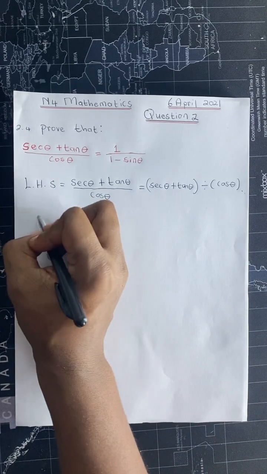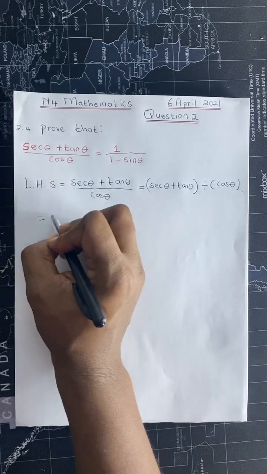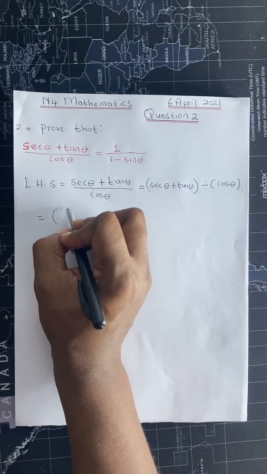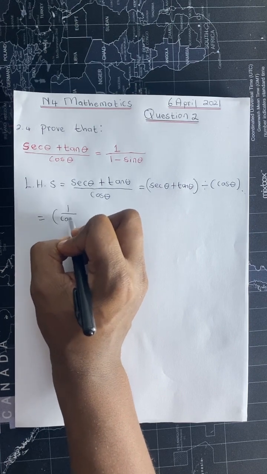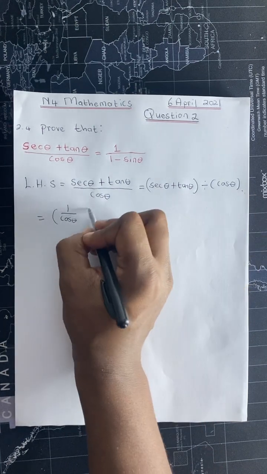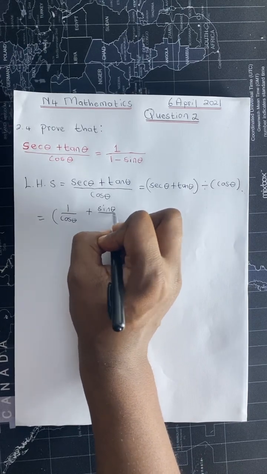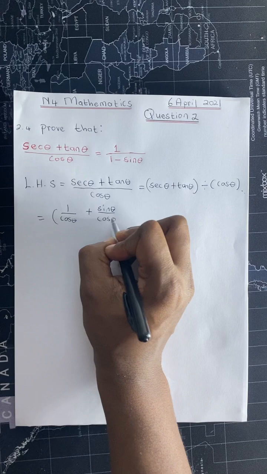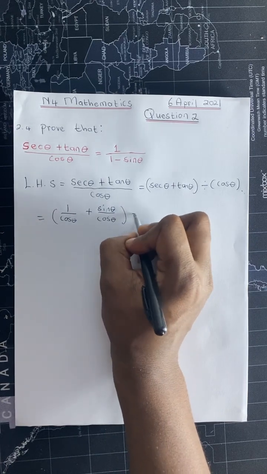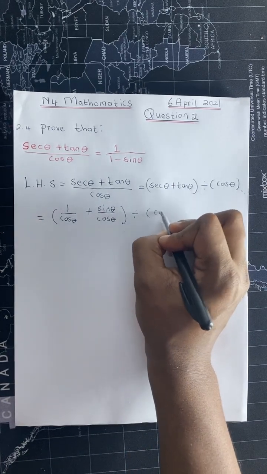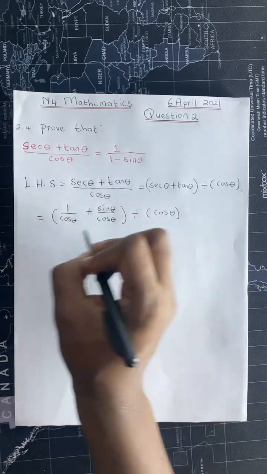So from here, we know that sec theta is equals to 1 over cos theta, and that tan theta is equals to sin theta over cos theta. This we divide by cos theta.